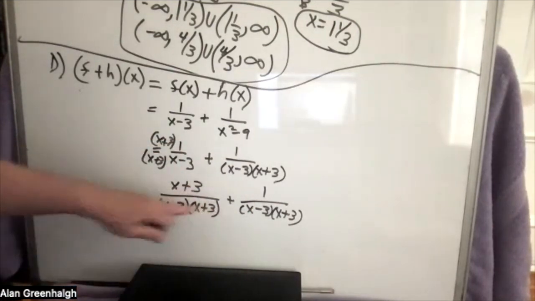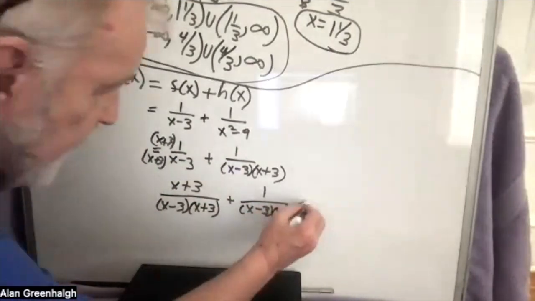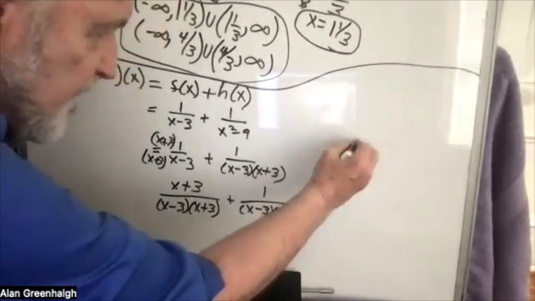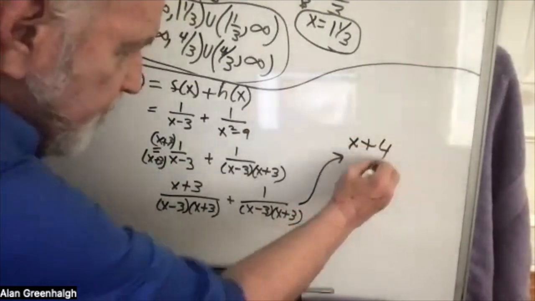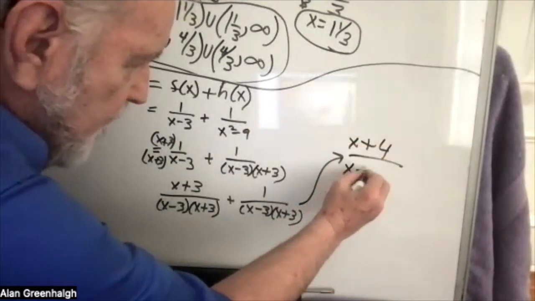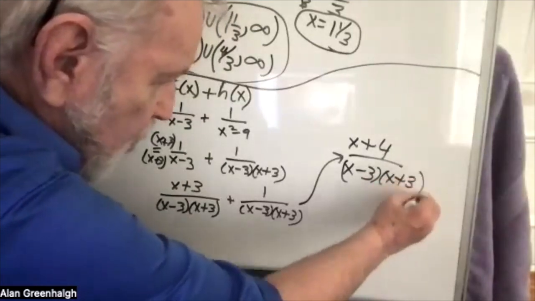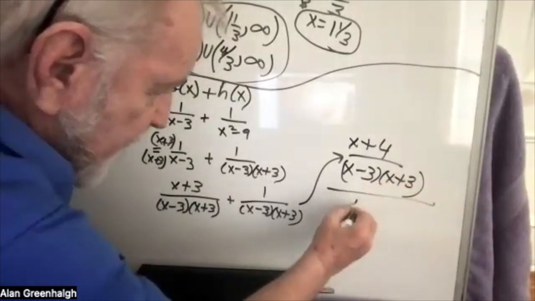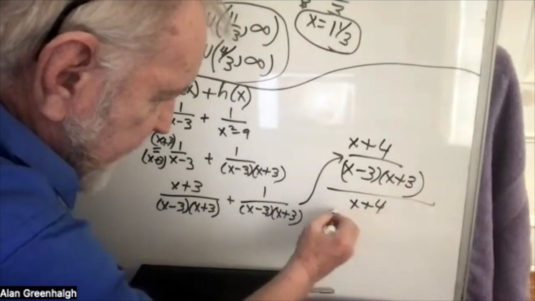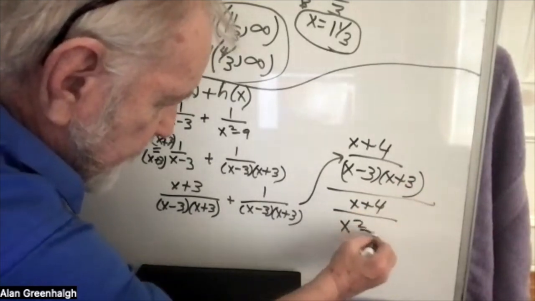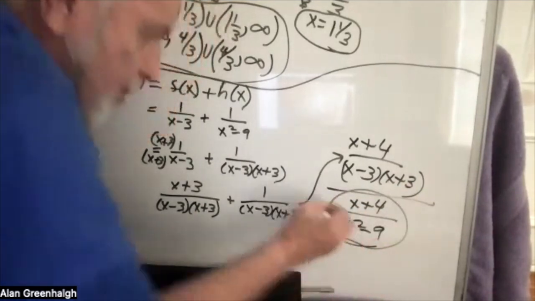And when you combine the two fractions, you wind up with x plus 4 over x minus 3, x plus 3. If you wanted to consolidate everything, you could write it like that. I have no objection.